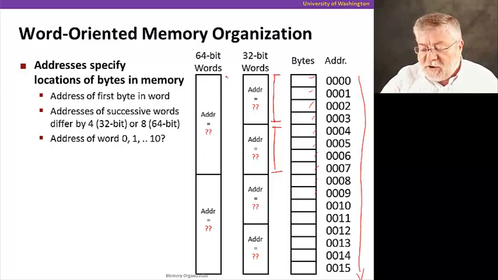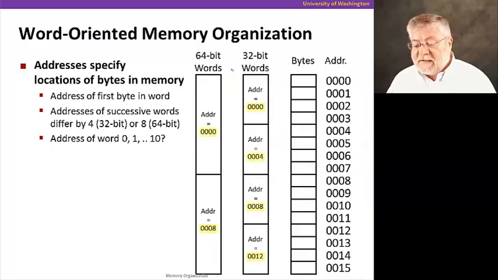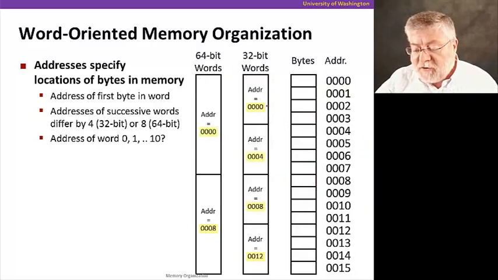In a 64-bit machine, of course, we'll have to group the first 8 bytes into a word. And then we have to decide on the address for that. To have a uniform policy, what we do is we say the address of the word is the address of the first byte in the word. So in this case, the first 32-bit word would have the address 0000 because it starts at that byte.